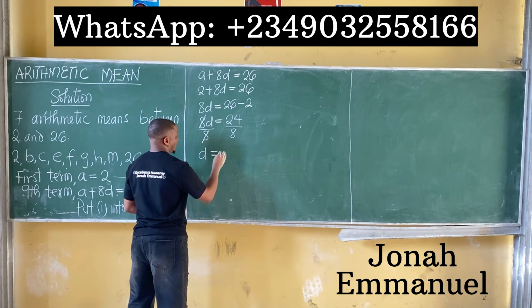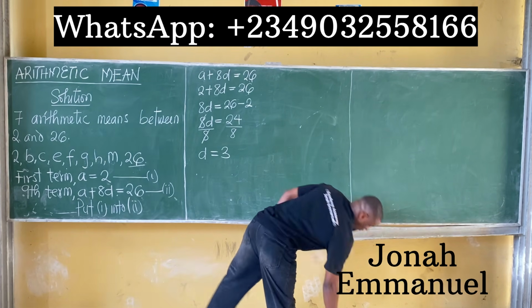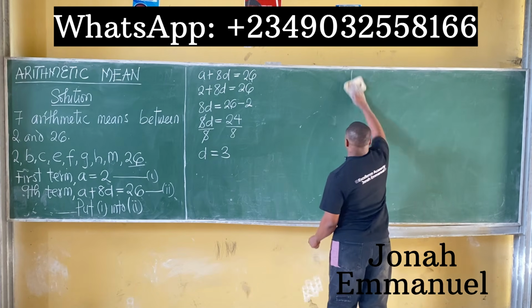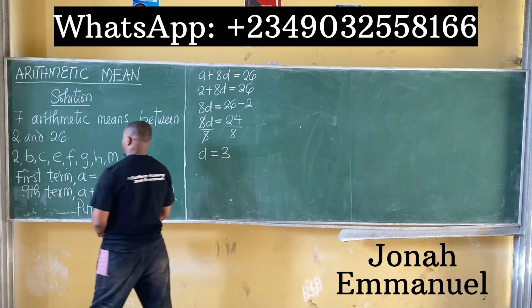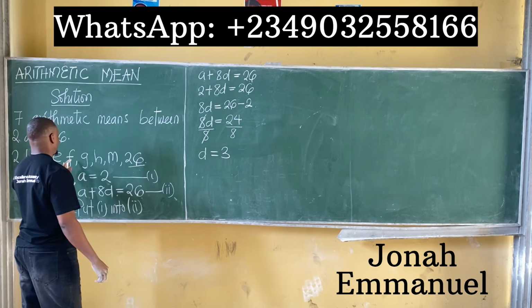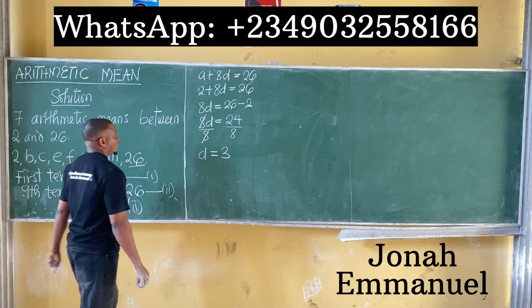That gives you 3. All right, so D is equal to 3. Okay, so with this we've got the value of D, the common difference. So we can now find the value of B, C, E, F, G, H, M.